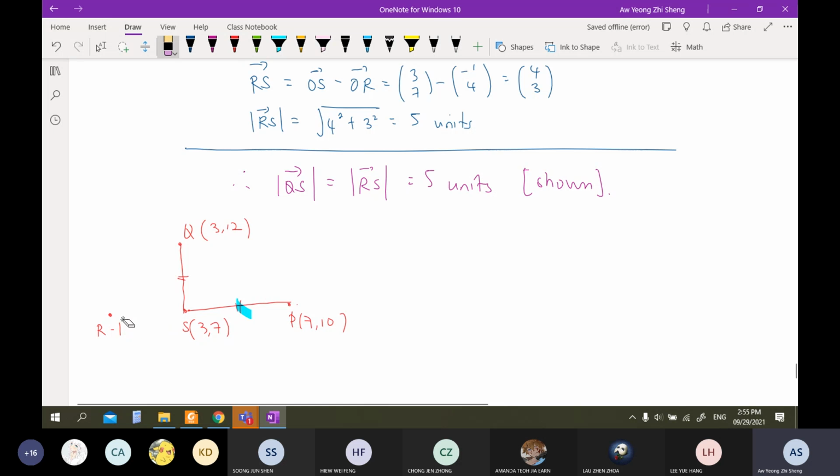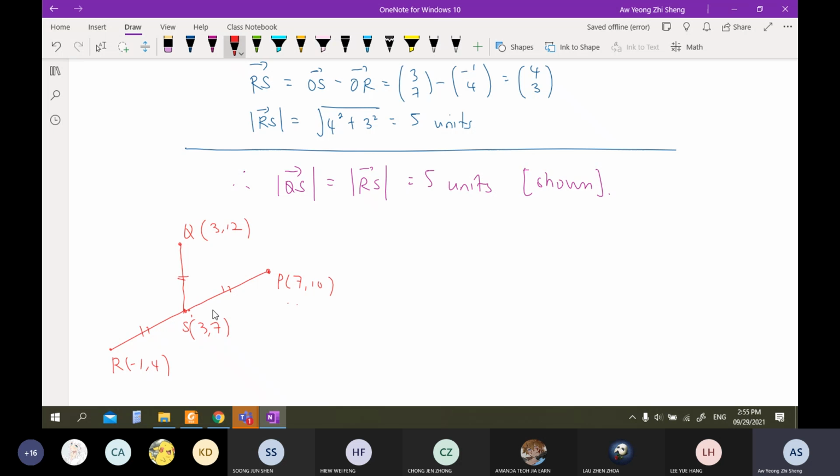Maybe I should draw my line a bit slanted so that it's closer to reality. It should be like this. Here's your P (7, 10), here's your R (-1, 4). Because S is the midpoint of PR, SP and SR have the same length.